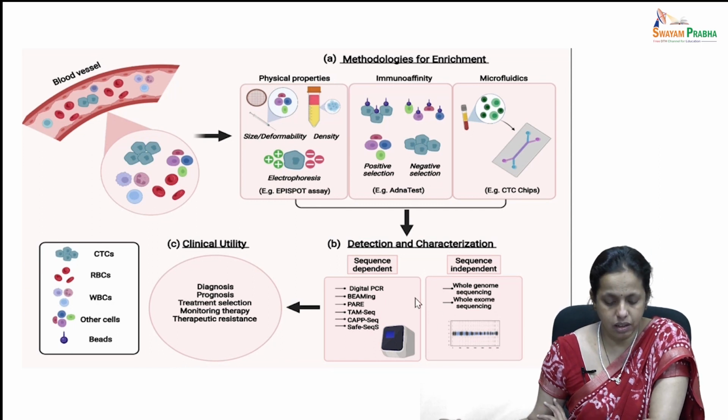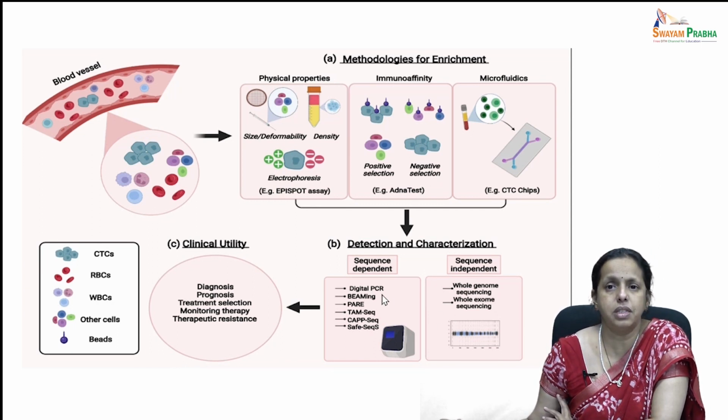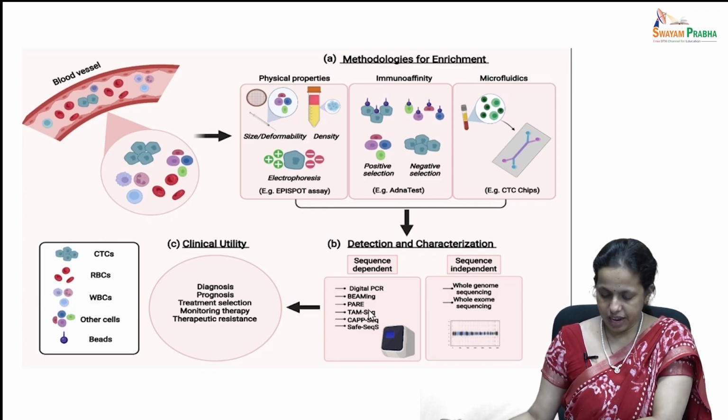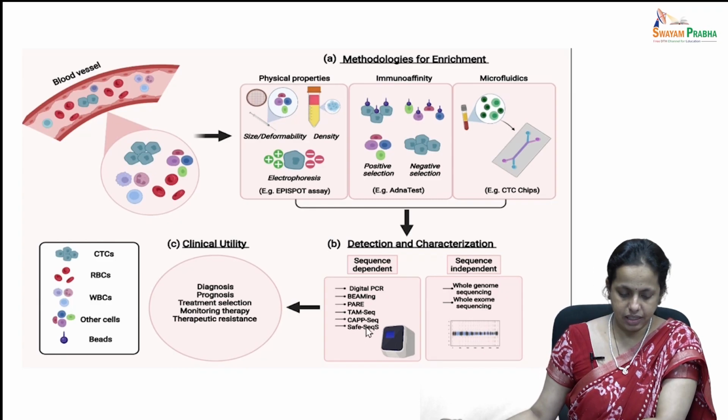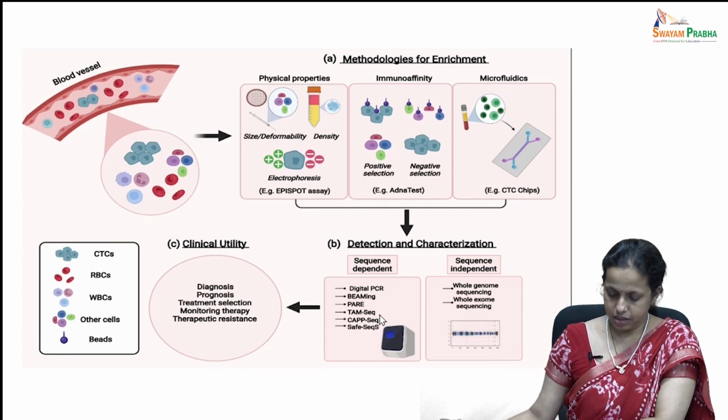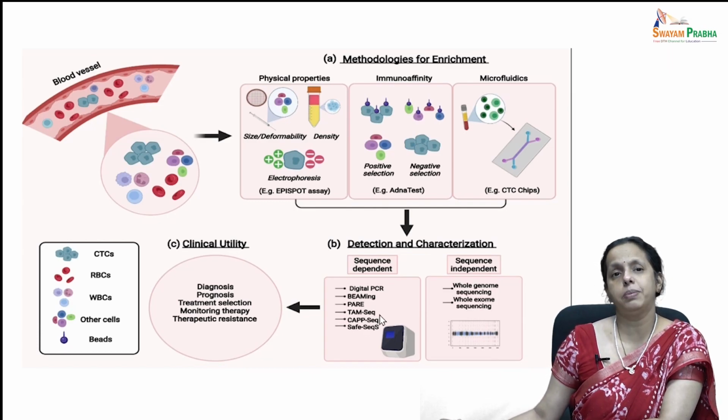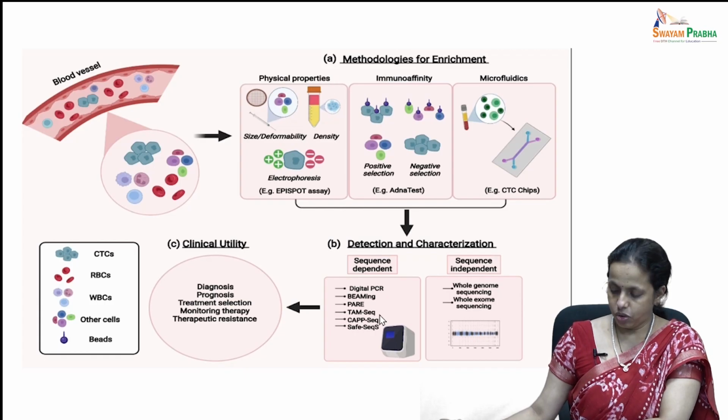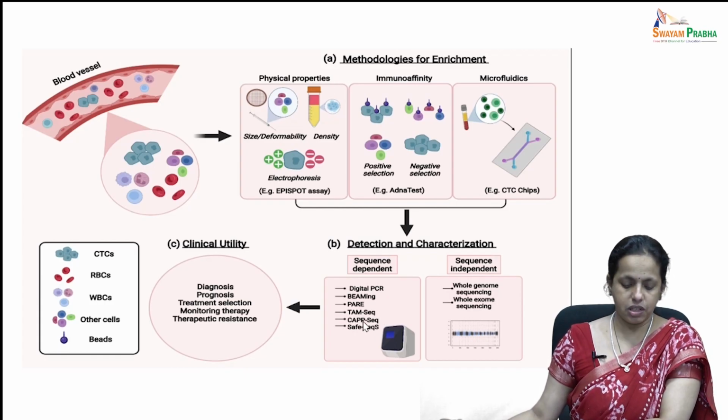That is, you go for digital PCR, then PARE, that is the personalized analysis of rearranged ends, then TAm-Seq, that is tagged amplicon deep sequencing, then CAPP-Seq, cancer personalized profiling by deep sequencing, and then Safe-SeqS, the safe sequencing system, like BEAMing.